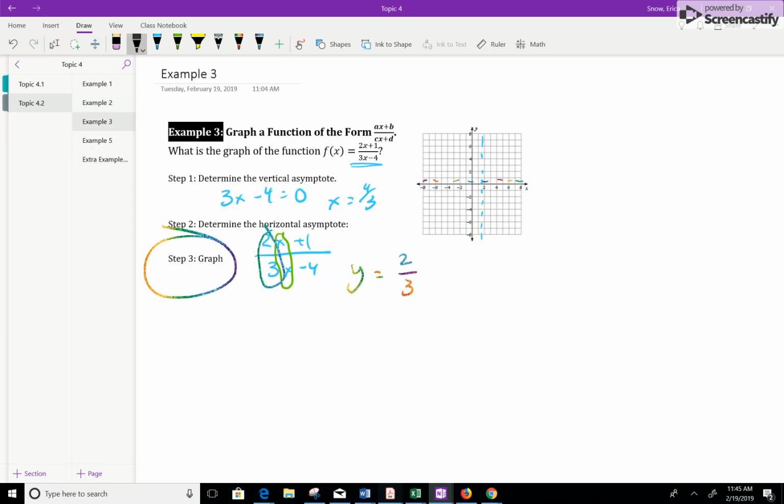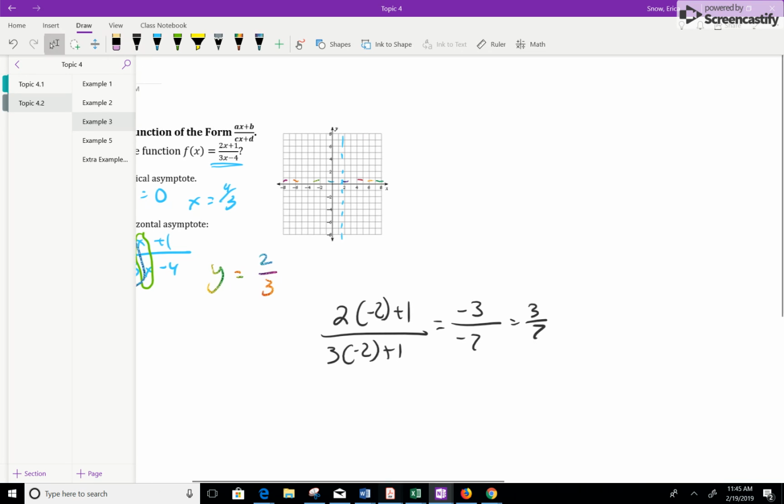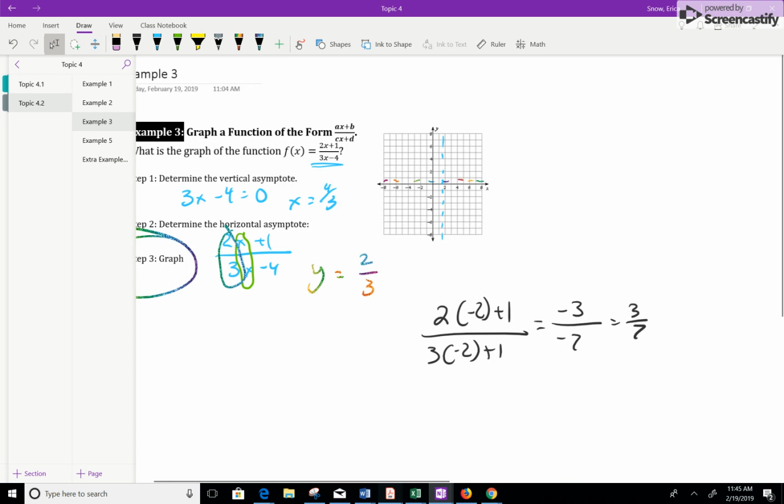So when we do that, we know that -2 is in the domain, so I'm going to plug it in. We get 2 times -2 plus 1 over 3 times -2 plus 1. So I get -4 plus 1 is -3. -6 plus 1 is -7. So positive 3/7, which is a little bit smaller than 2/3.